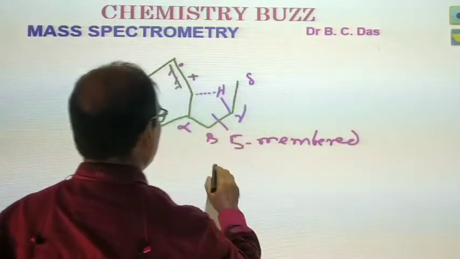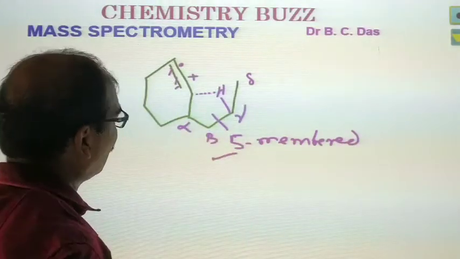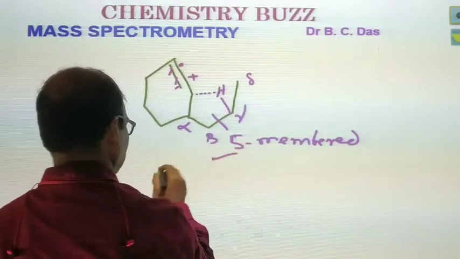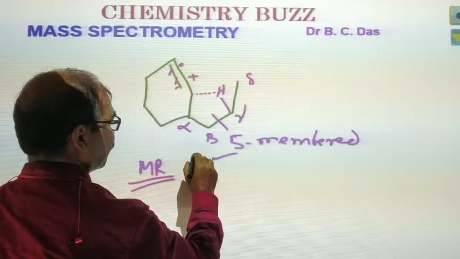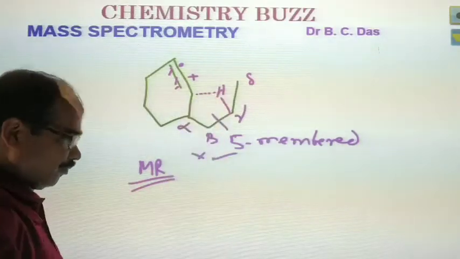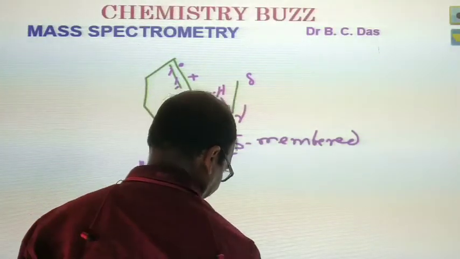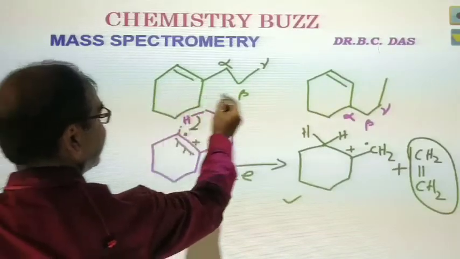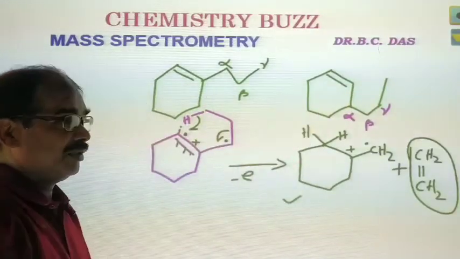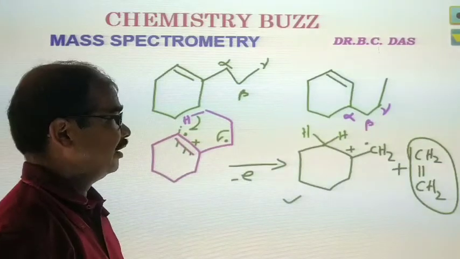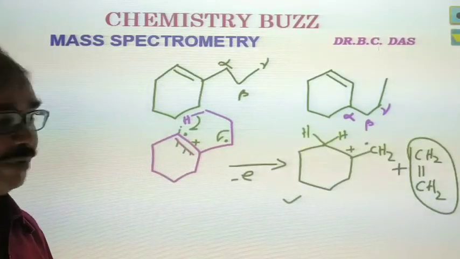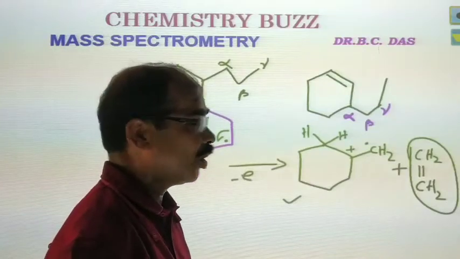A 5-member transition state is unstable, so McLafferty rearrangement will not occur in this case. So in this question, these two structures are given, and you have to decide which one will exhibit McLafferty rearrangement and which one will not.